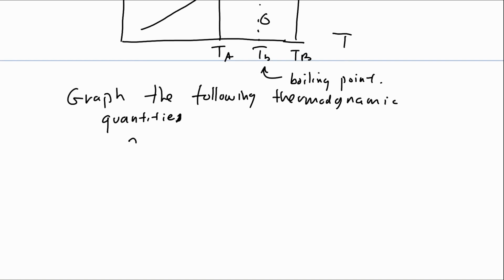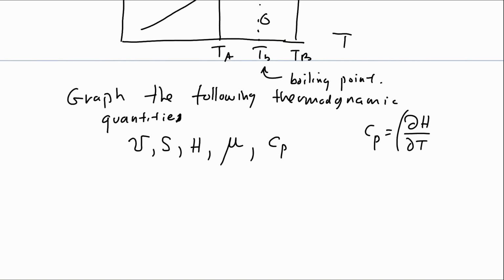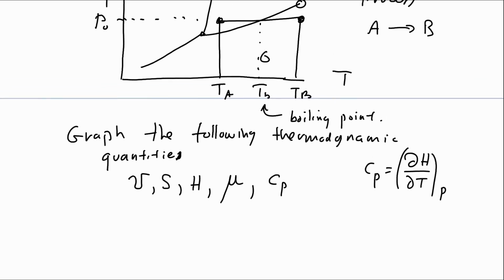Let's start with the molar volume, and then we'll do the entropy, and then the enthalpy, and then the chemical potential, and finally the constant pressure heat capacity. And remember, C sub P is the derivative of H with respect to T at constant P.